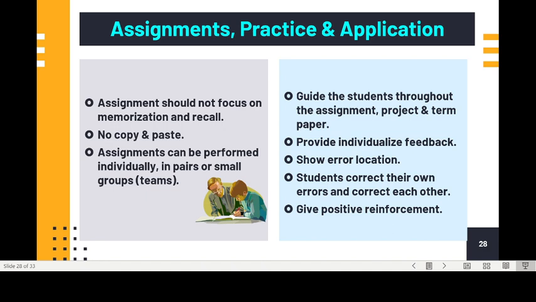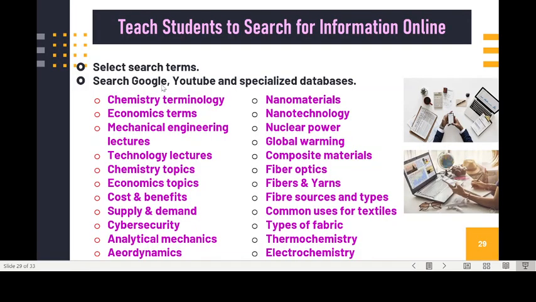We have to guide the students throughout the assignment, the project, the term paper, provide individualized feedback, show error location, just tell them this is wrong, and why. And the students should correct their own errors and each other's mistakes. And always encourage the students and give them positive reinforcement.